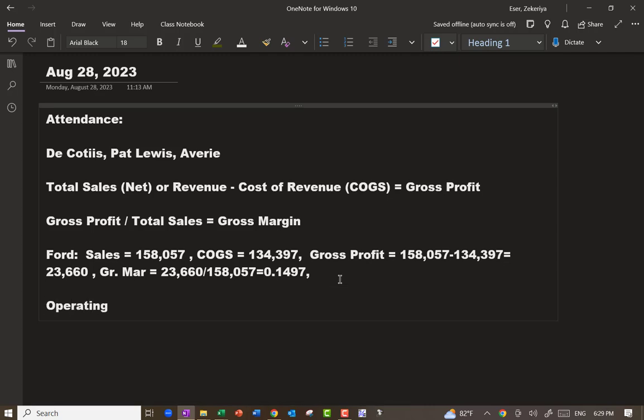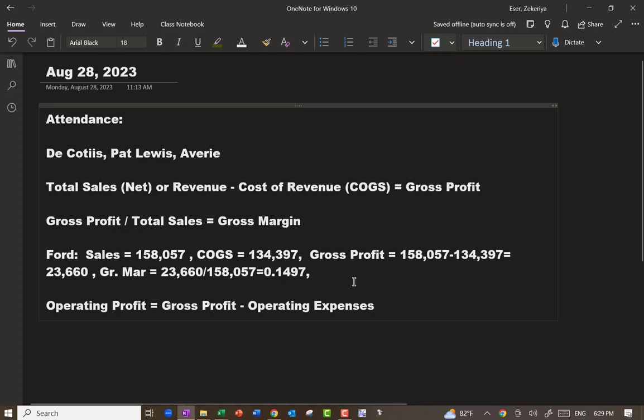And you have operating profit, which is gross profit minus operating expenses. These are expenses outside of cost of goods sold that are necessary for the firm to operate. You know, you pay the CEO, you do R&D, you pay rent, you transport your stuff. I don't know, you do ads, sales, marketing, what have you.